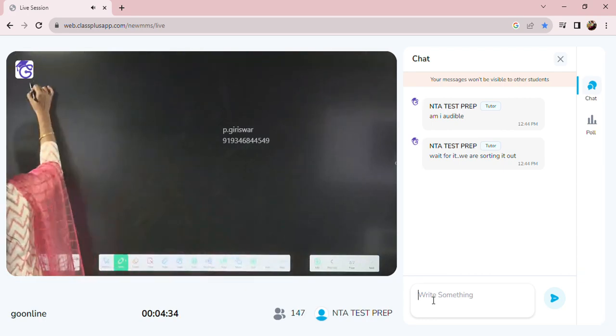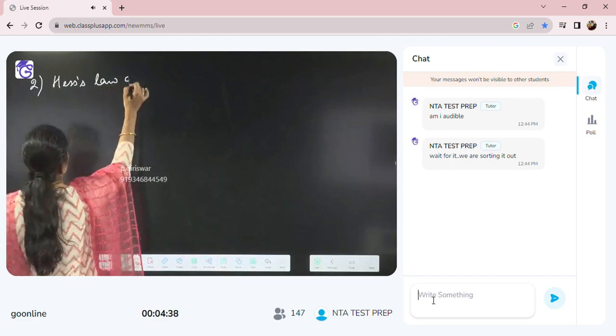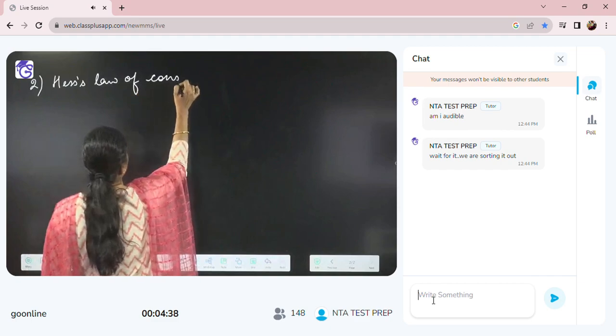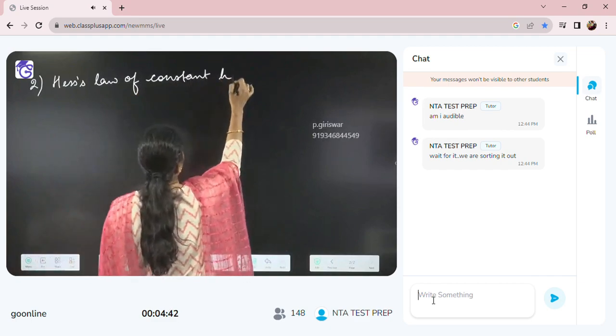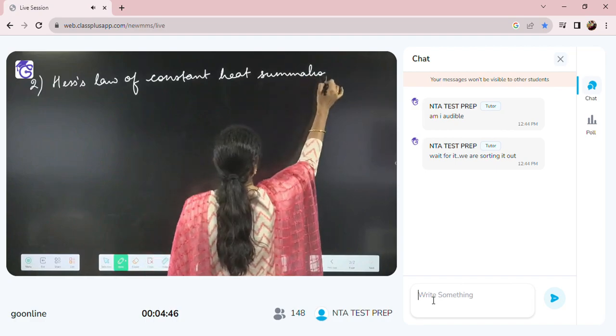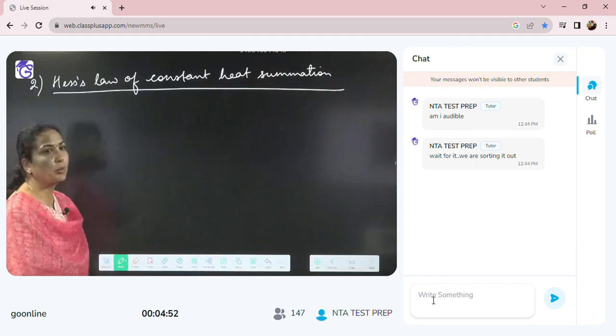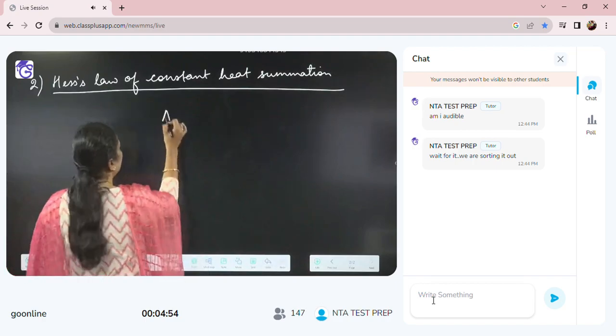Okay, now let us go for the next one, which is Hess law of constant heat summation. Or simply we call it Hess law. So what does it state? Suppose I am carrying out a reaction here, A to B, right?